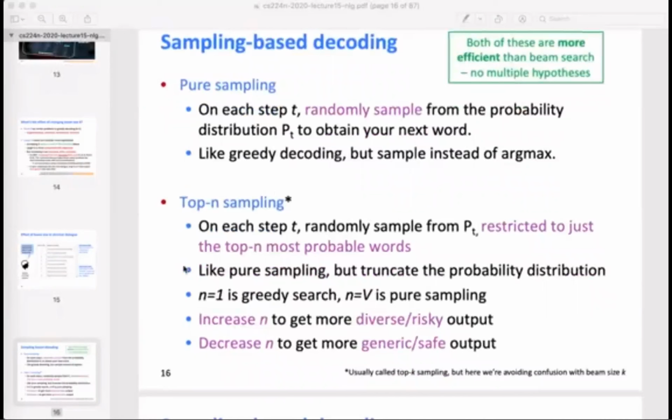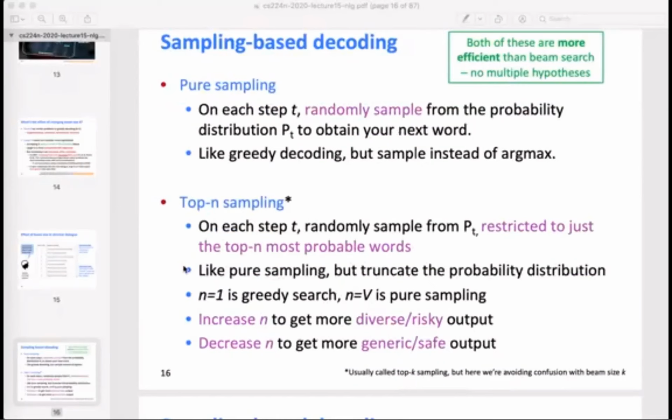The other method is top-n sampling. So basically on each step t, the decoder randomly samples from P_t, restricted to just the top n most probable words. It's very much like pure sampling, but it's truncating the probability distribution. If n equals 1, it is greedy search. If n equals V, it's pure sampling.